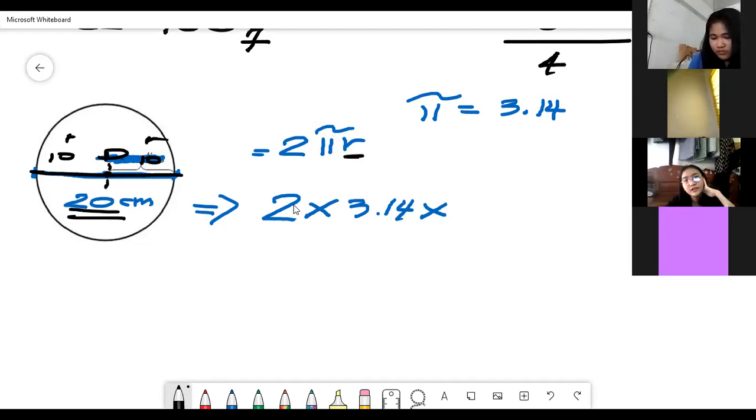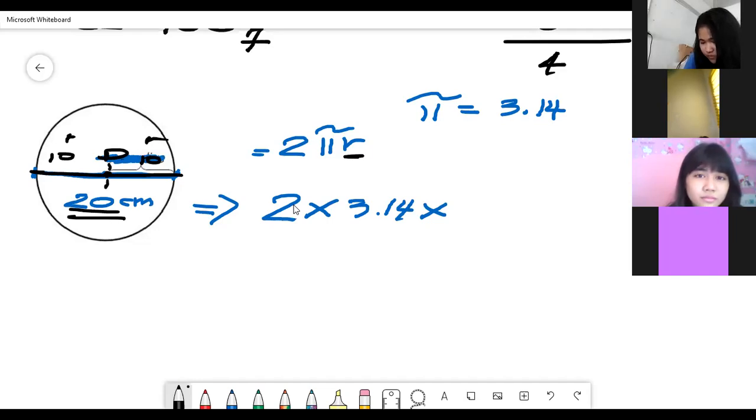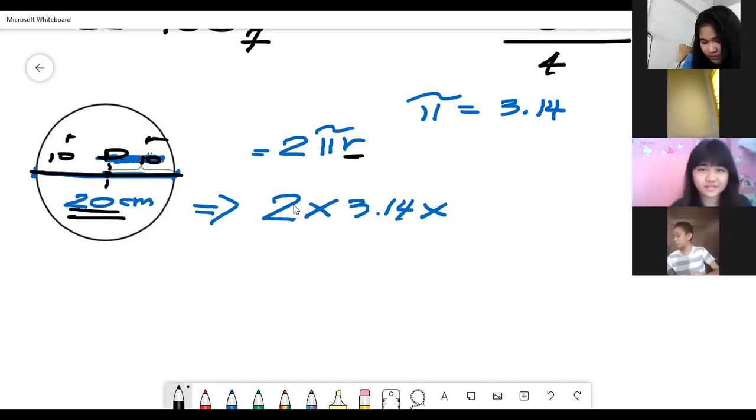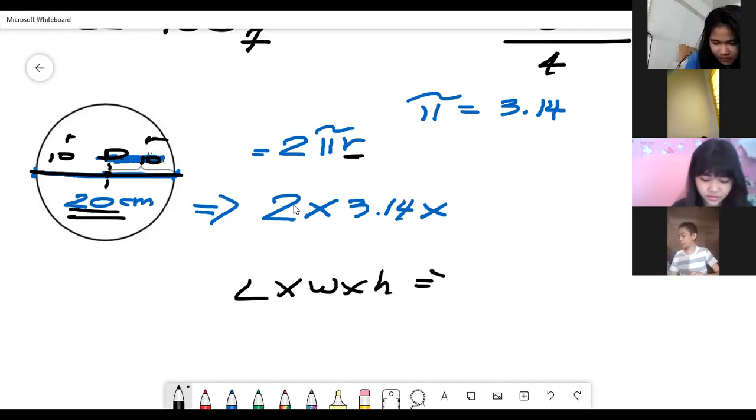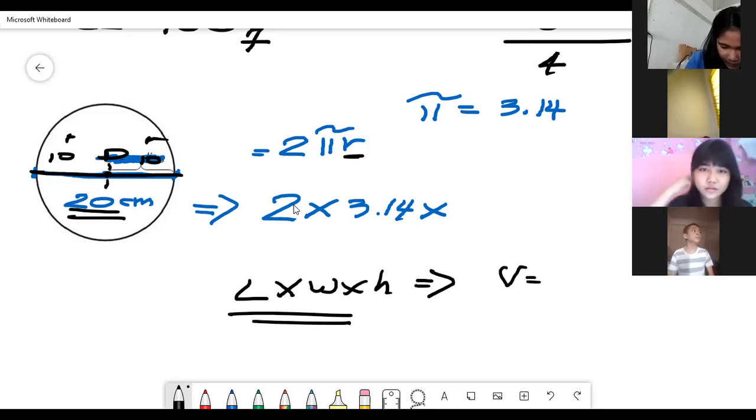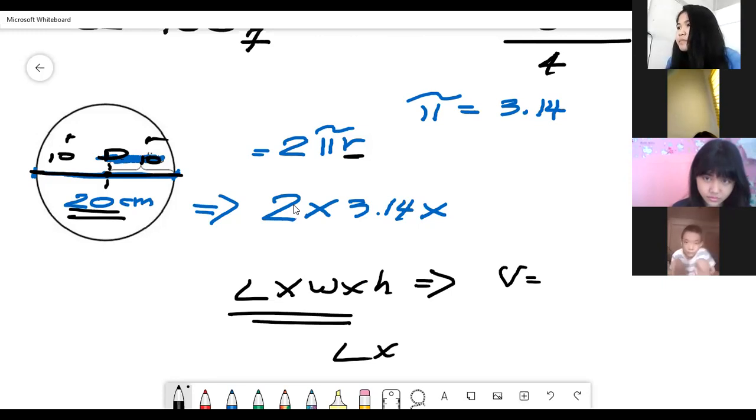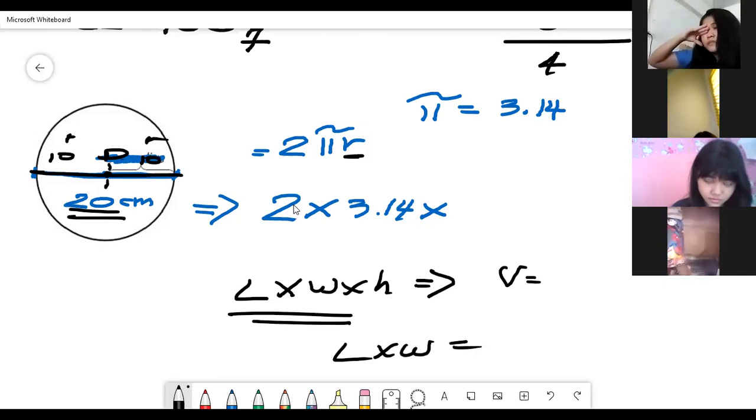What is 2 pi r mean? It's the formula. We cannot change that one. Look, a formula is, for example, length times width times height to get the volume of the cuboid, or length times width to get the area.